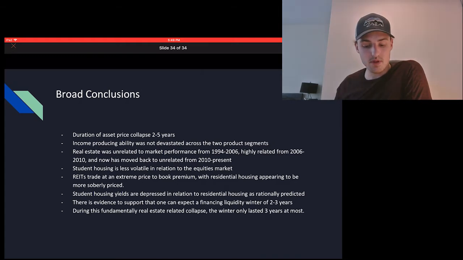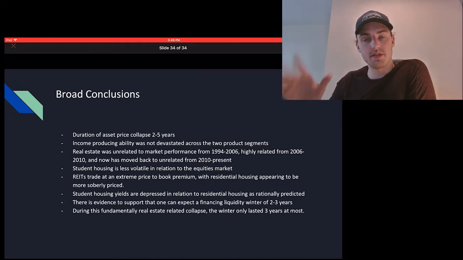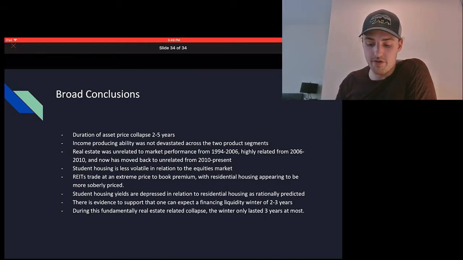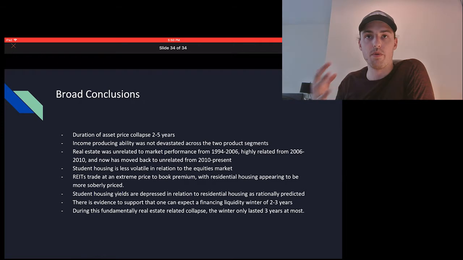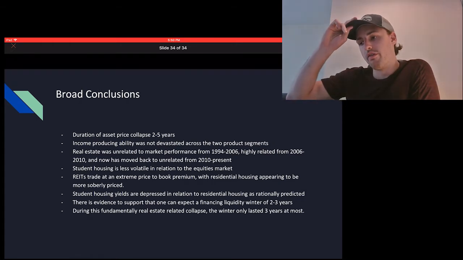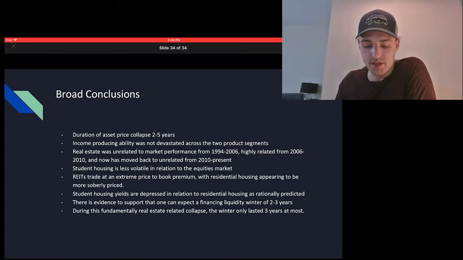But that's generally interesting from a point of view that really proves that 2006 to 2010 was a very real estate centric market collapse, as the S&P and the general market really did co-move with the real estate market significantly.